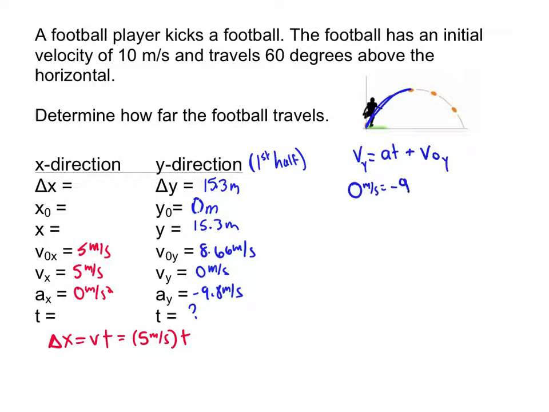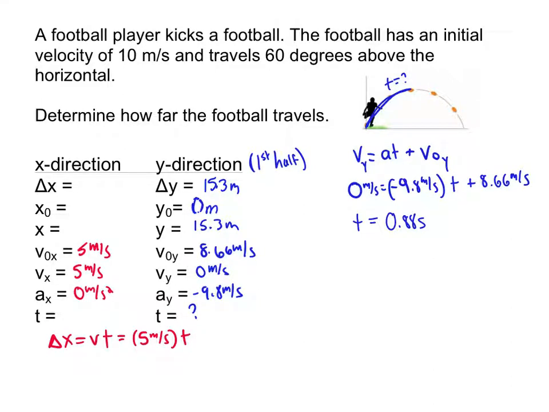It's accelerating at negative 9.8 meters per second squared. That's multiplied by time, and it starts off with an initial velocity of 8.66 meters per second. So this equation will tell us the time it takes to get to the very top. Once we do that, I find that the time is 0.88 seconds.